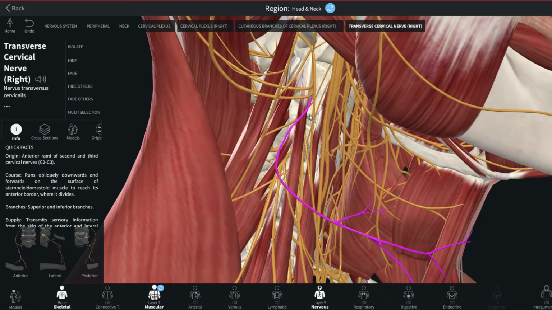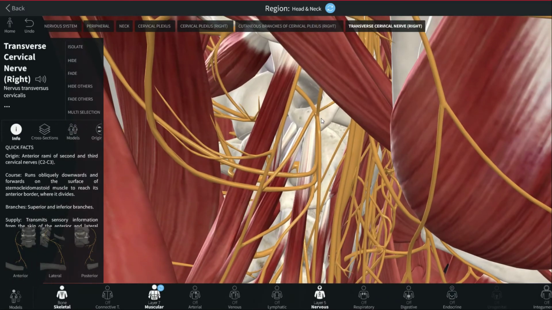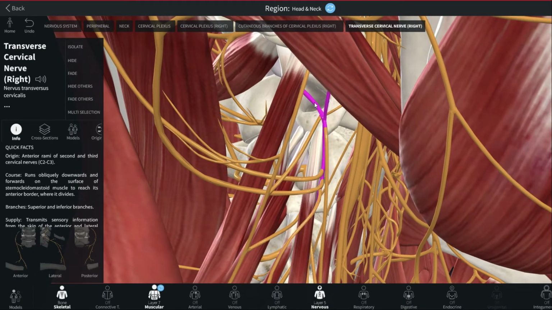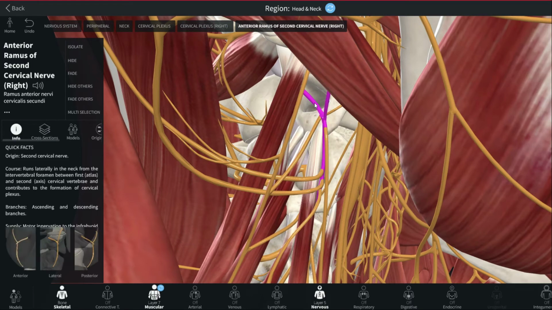And see, they're all coming out from that region, because if we extend this part, we'll see that this here is the anterior ramus of the second cervical nerve. The anterior rami of C2, right?